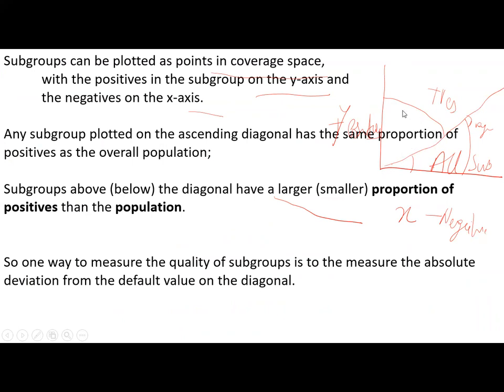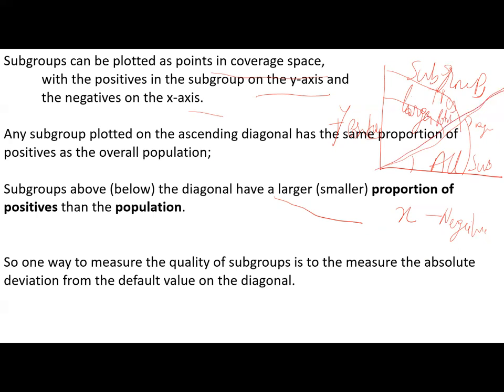Clearly this portion consists of subgroups which have a larger proportion of positives than the population.